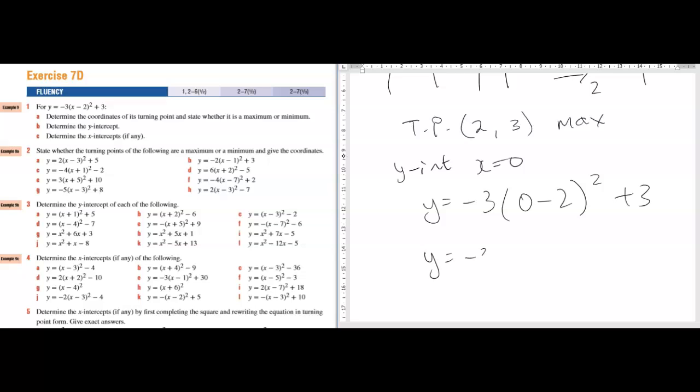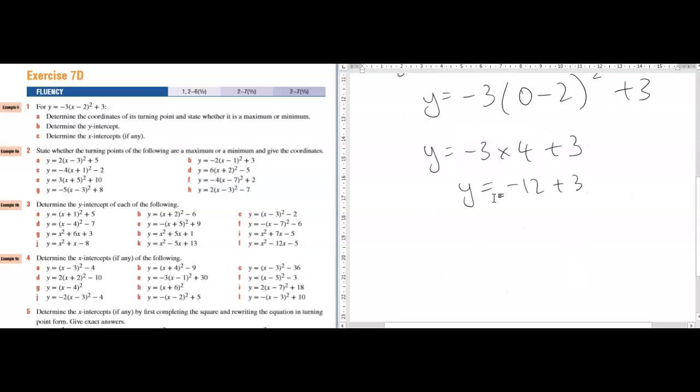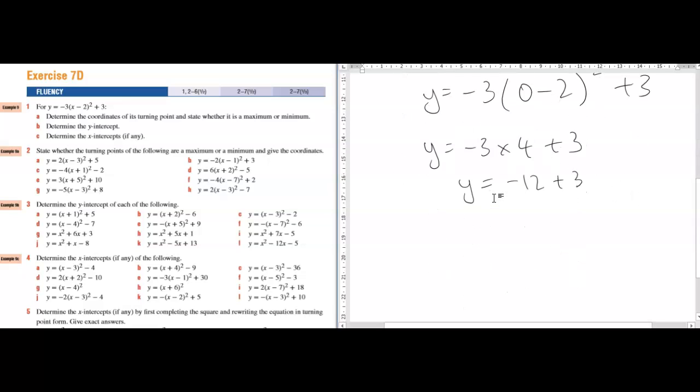We've got (-2)² which is 4, so y = -3 times 4, which is -12, plus 3. So your y-intercept is at -9, or y = -9, if you want to write it as coordinates, (0, -9).